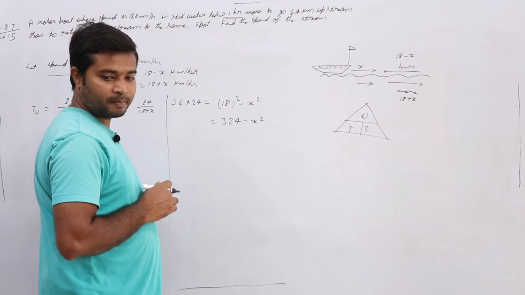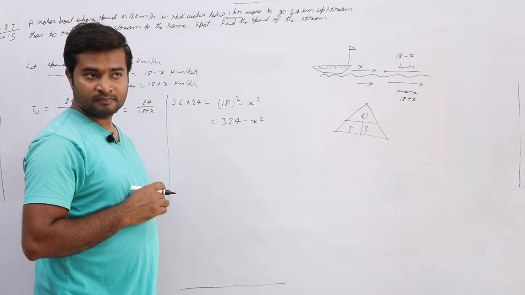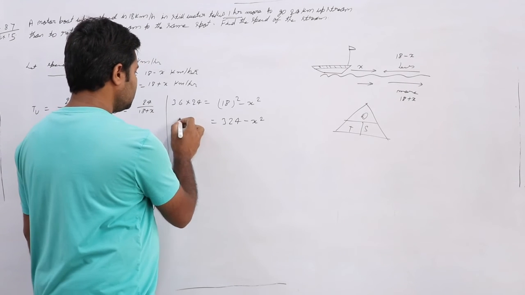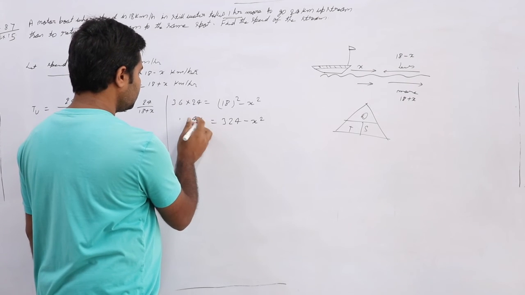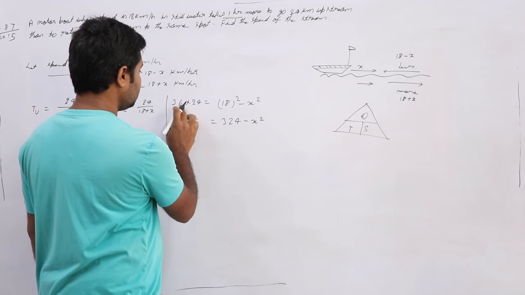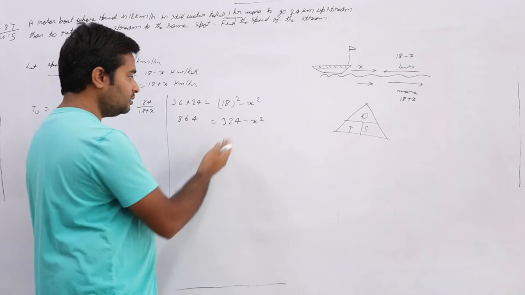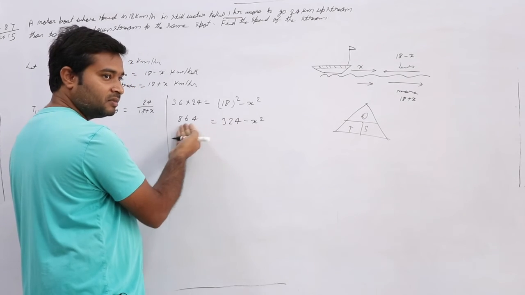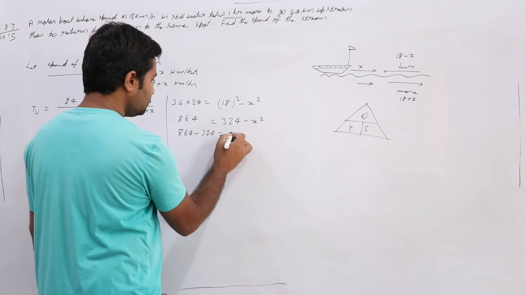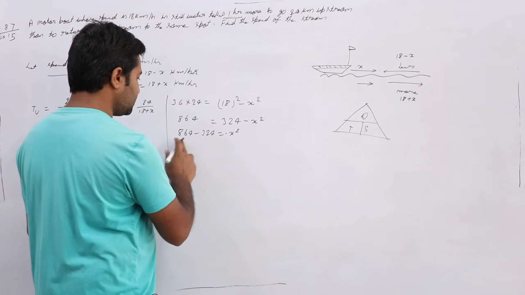Do the multiplication fast. 864. Correct. Then bring this term to this side. Square. So now subtract, how much will you get?